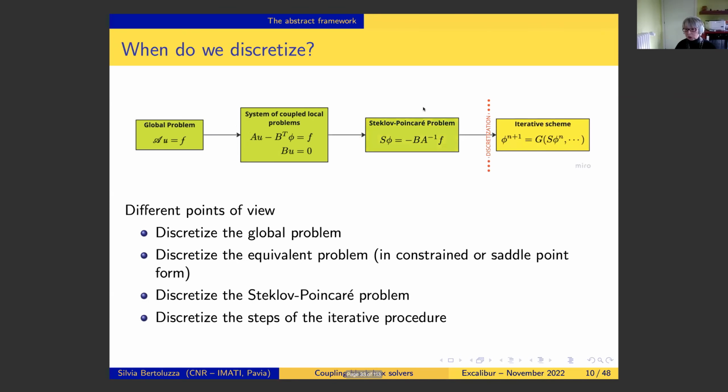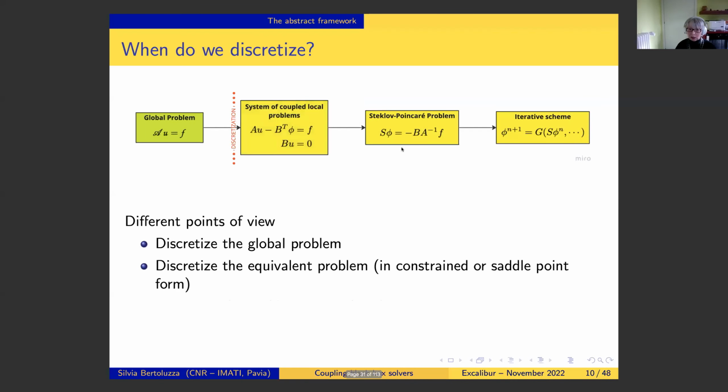And then you could also discretize directly the iterative scheme, which would mean that you have a convergent iterative scheme and have, for instance, a preconditioner, kind of a continuous preconditioner. But I will stick to these two kinds of discretization. Okay.